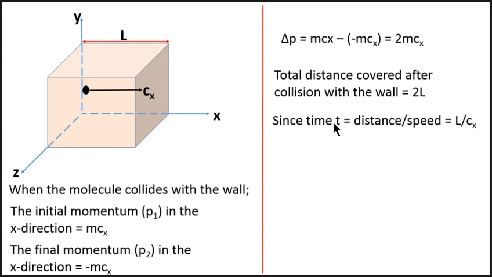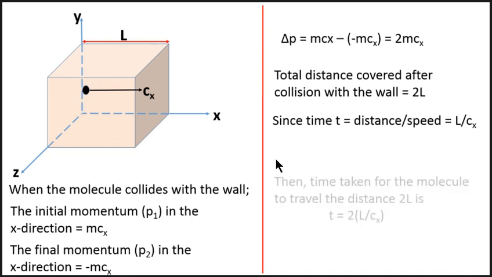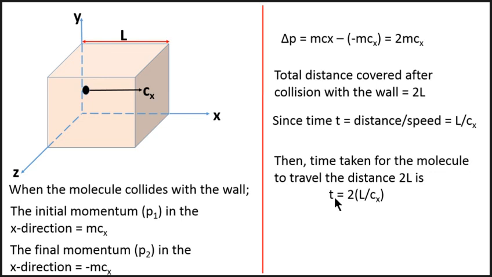And since the total distance covered by the molecule is twice L, and the speed of the molecule is Cx, then I can conclude that the time taken for the molecule to hit the wall and return back will be T equals 2 into L over Cx.